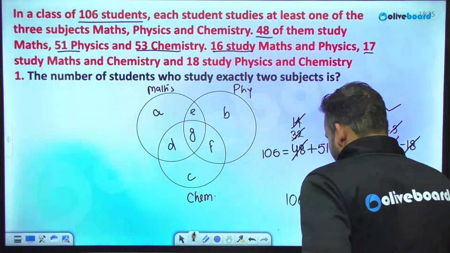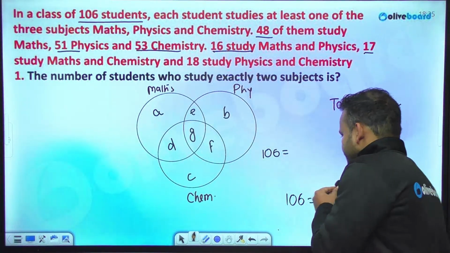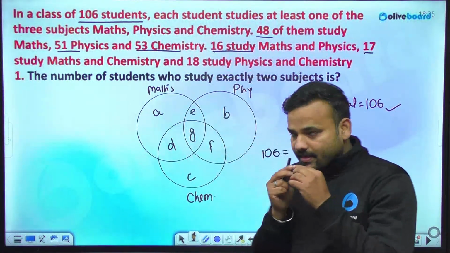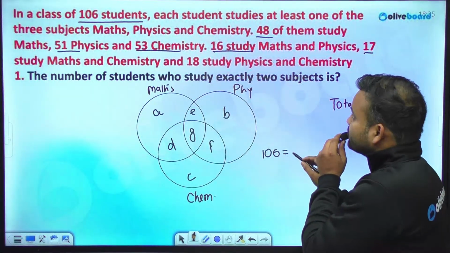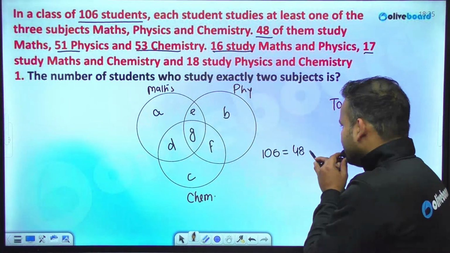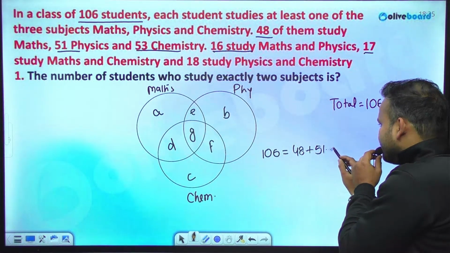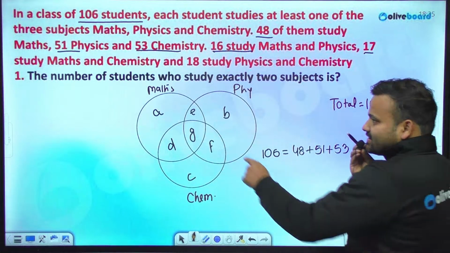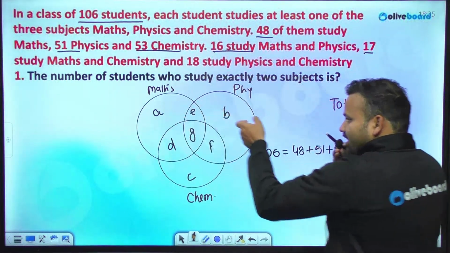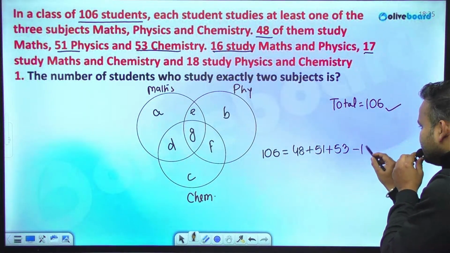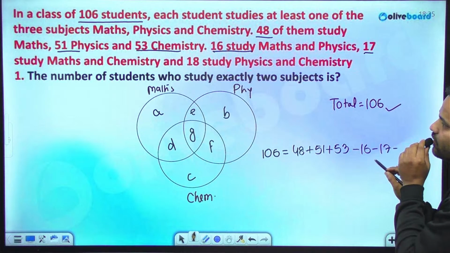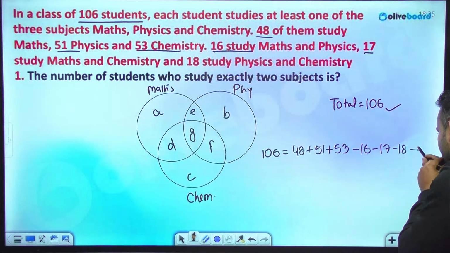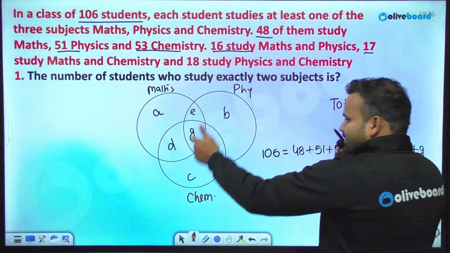Okay, let me explain to you how this is. Look at this. This entire data in set theory is 106 students. How to get this 106? There are 48 students who are studying mathematics, plus 51 students who are studying physics and 53 students who are studying chemistry, minus 16, minus 17 and minus 18, those studying two subjects each, since you have taken them twice, plus G, those students who are studying all the subjects, plus none.